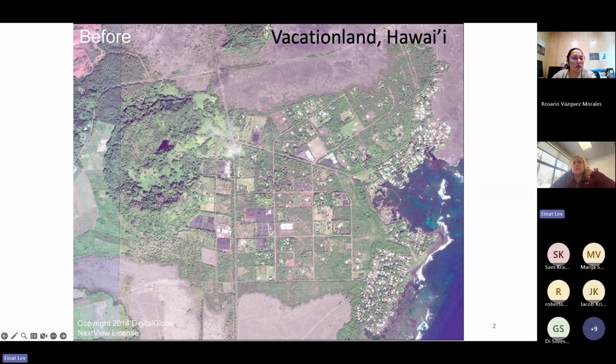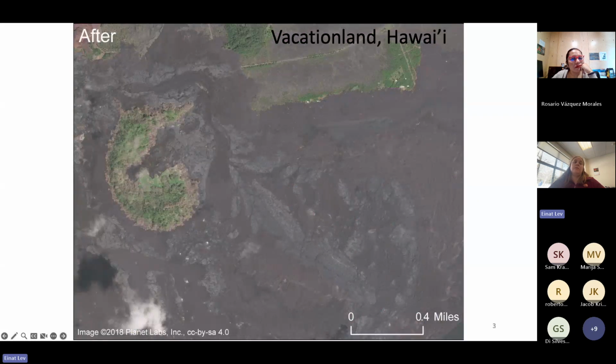For example, this is a satellite image taken before the 2018 eruption in Kilauea in Hawaii, where this is a subdivision called Vacation Land. This is an old volcanic cone from the 1950s eruption. And then this is how it looked after the 2018 eruption.